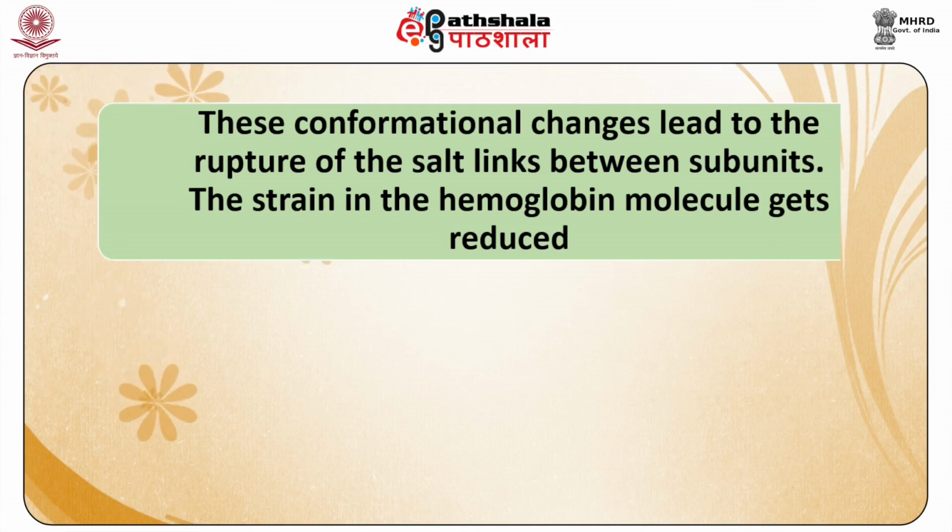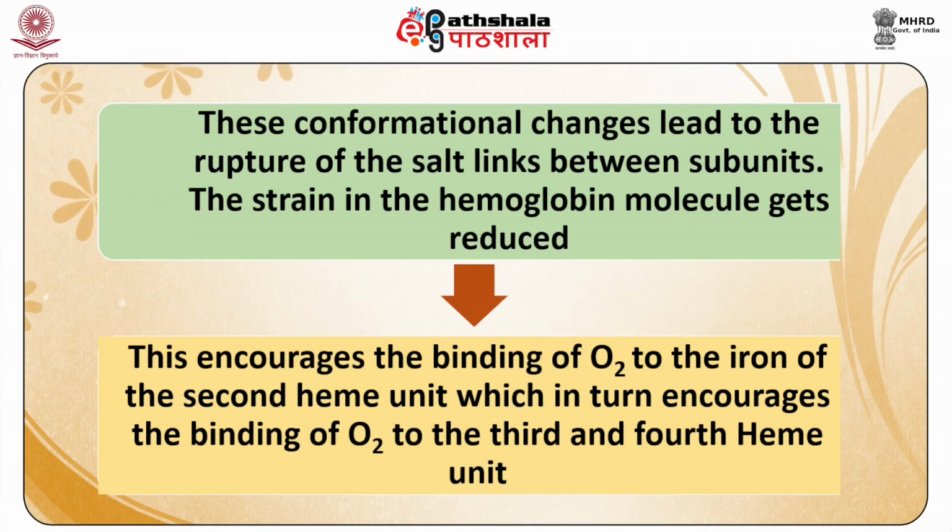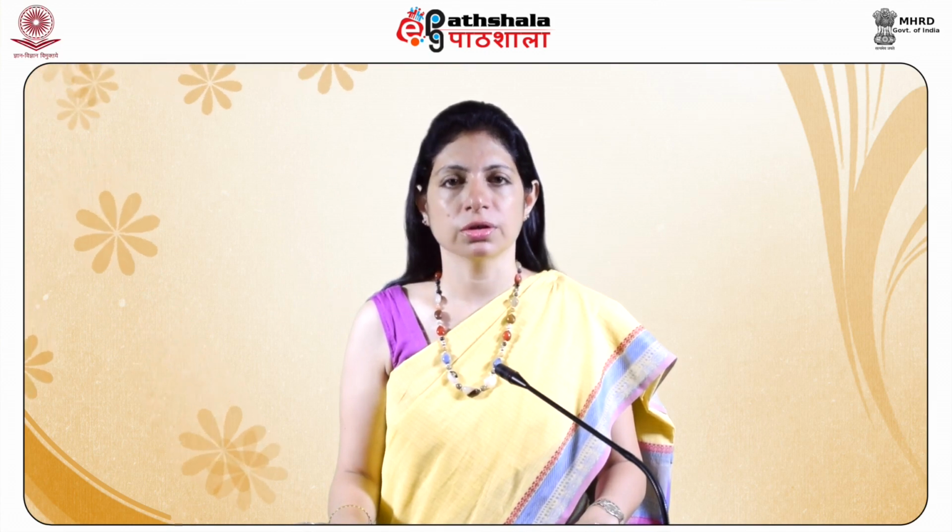Strain in the hemoglobin molecule gets reduced, and this encourages the binding of dioxygen to the iron of the second heme unit, which in turn encourages the binding of dioxygen to the third and the fourth heme unit. This sequential increase in dioxygen affinity gives rise to the sigmoidal shaped dioxygen dissociation curve for hemoglobin.